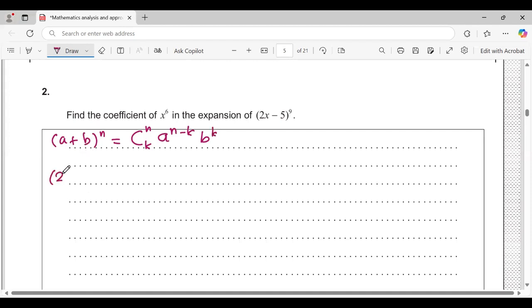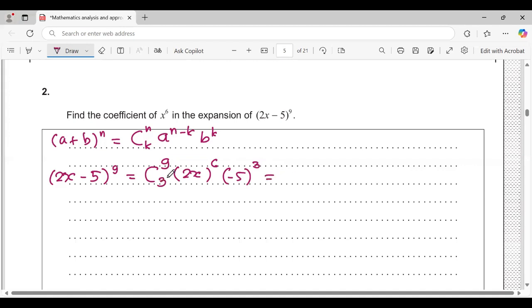So for (2x minus 5) to the power 9, it is the combination of 9 choose k equals 3, where a equals 2x, so (2x) to the power 6 because 9 minus 3, and b is minus 5, and k is 3.